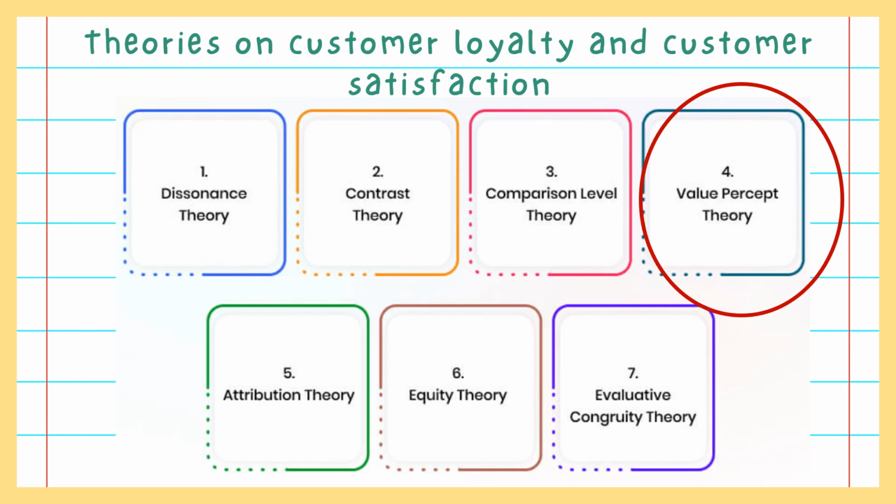Therefore, the value percept disparity theory has also been applied to explain why consumers value some brands, products, and services over others, even if these other brands, products, and services are more highly expected. This was cited in the works of Westbrook, 1992.